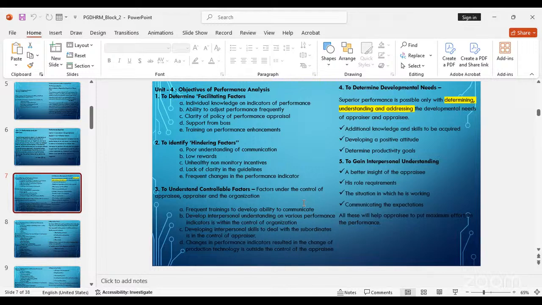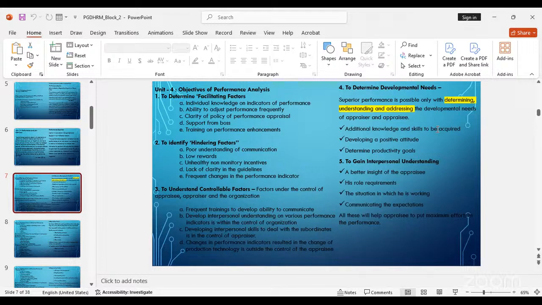And developing interpersonal skills to deal with the subordinates is in the control of the appraiser. Changes in the performance indicators as a result of a change in production technology are outside the control of the appraiser. So there are some factors which are under the control of the organization, and some which are not. Okay, and also to determine developmental needs, how it will be done.